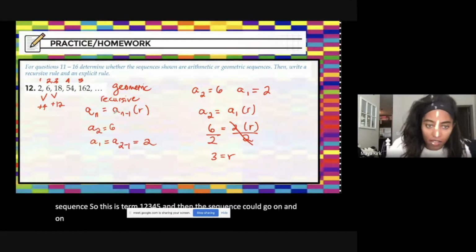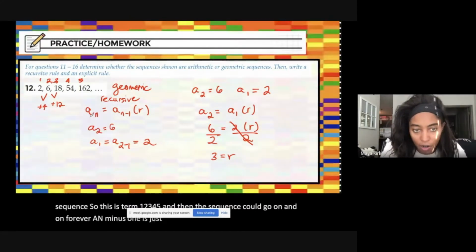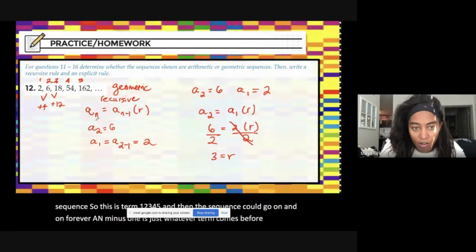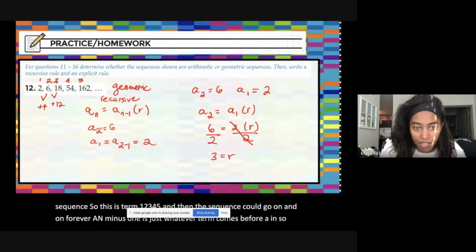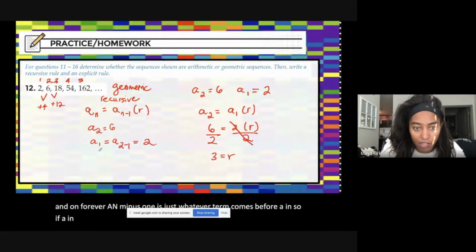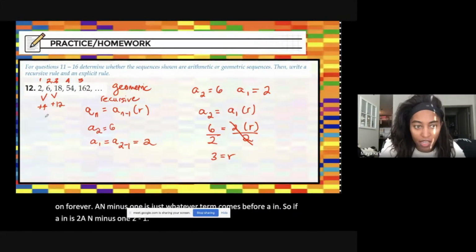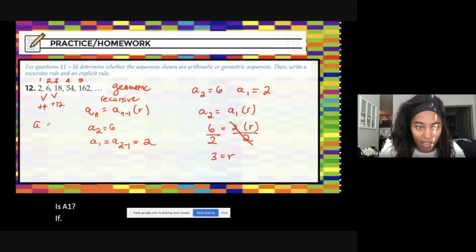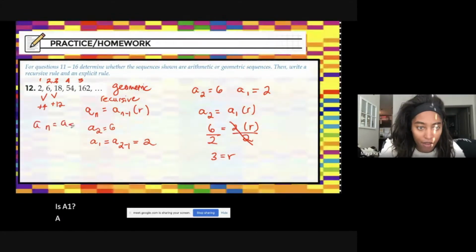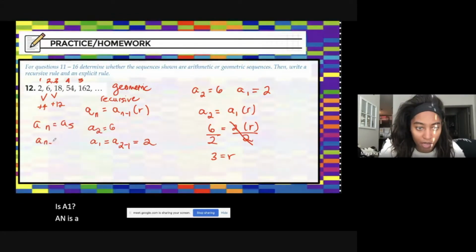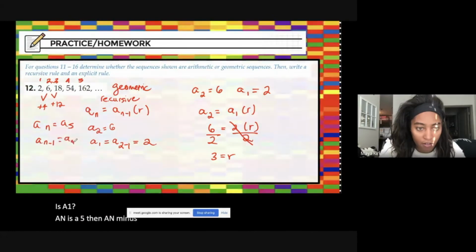AN minus 1 is just whatever term comes before AN. So if AN is A2, then AN minus 1 is A1. If AN is A5, then AN minus 1 is A4. Do y'all get that?